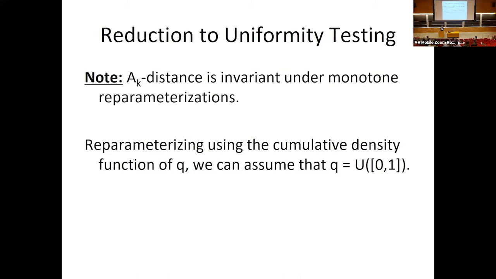The only thing that AK distance cares about is what it means for something to be a union of k intervals. So if you stretch your x-axis out, AK distance stays the same. And in particular, if you reparameterize using the cumulative distribution function of Q, you can assume that Q is just the uniform distribution over [0, 1]. And so we're going to do that.